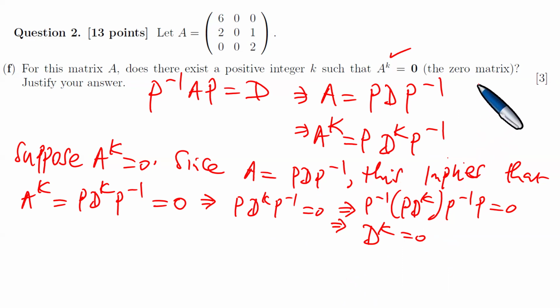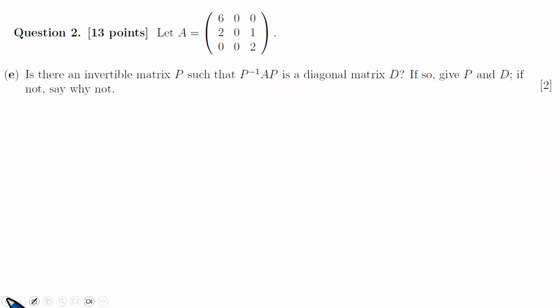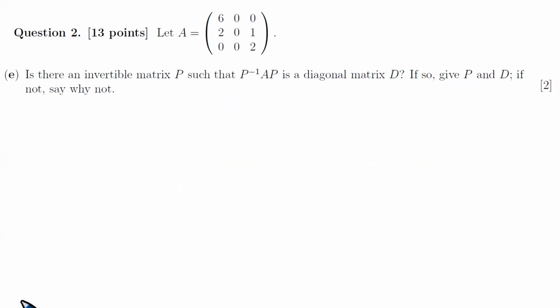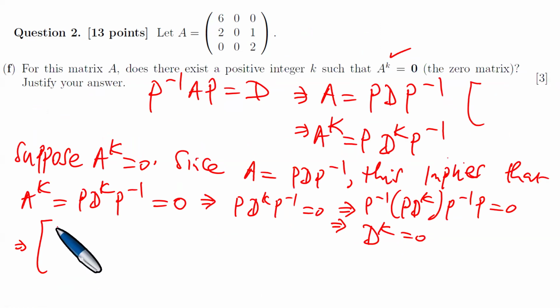Because d to the power k equals 0 would mean, what is d itself? We wrote the d here. You remember it, it is 2, 0, 0, 0, 6 on the diagonal, with zeros elsewhere, and then it is to the power k equals 0.